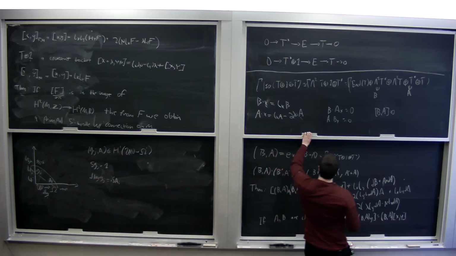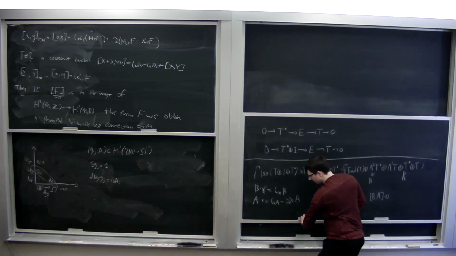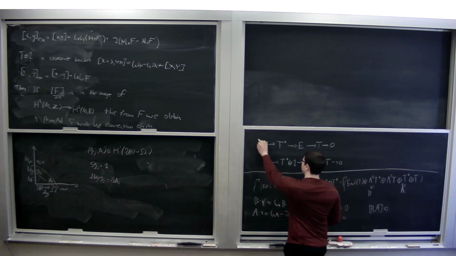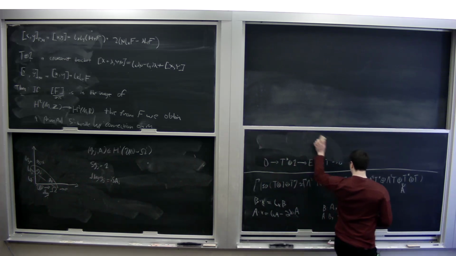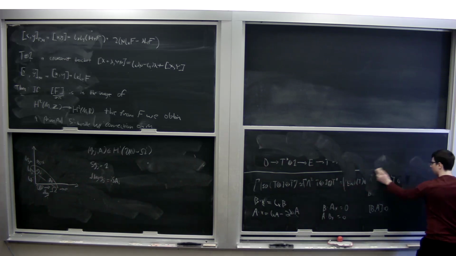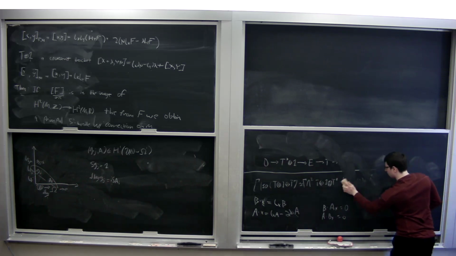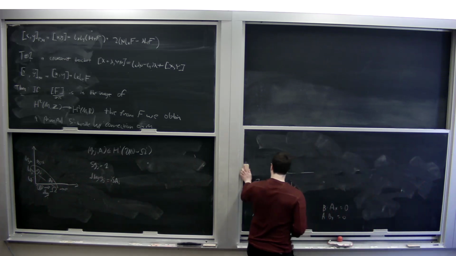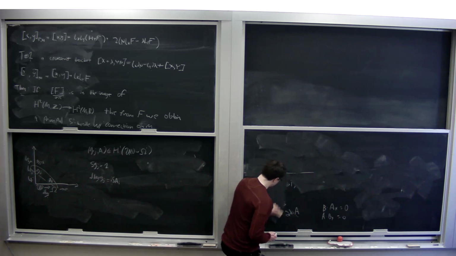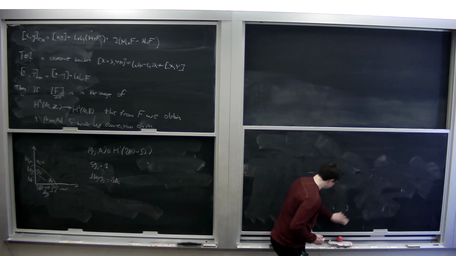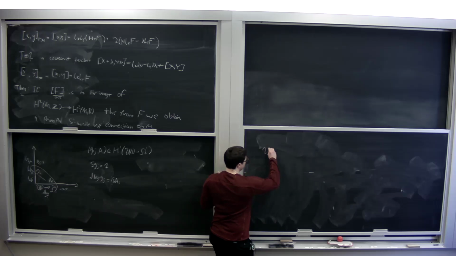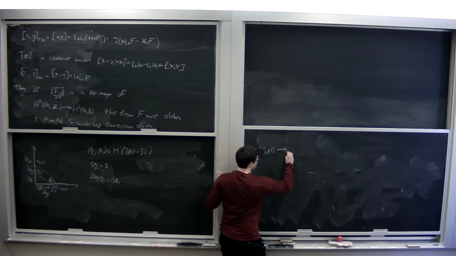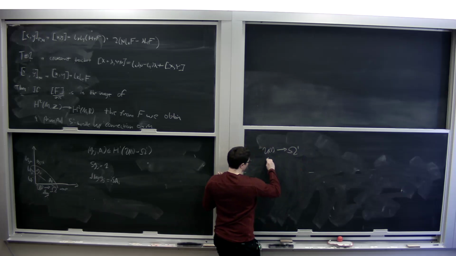Now, we can put this complex in a short exact sequence. Well, here I have my U1 goes to omega 1, right? This sits in a short exact sequence like this.